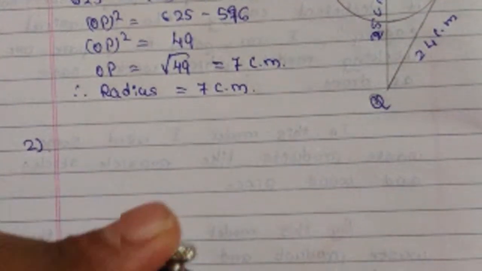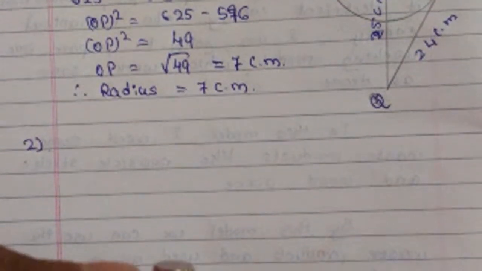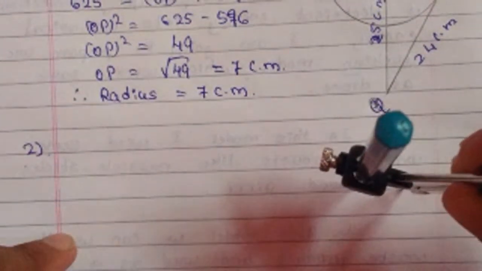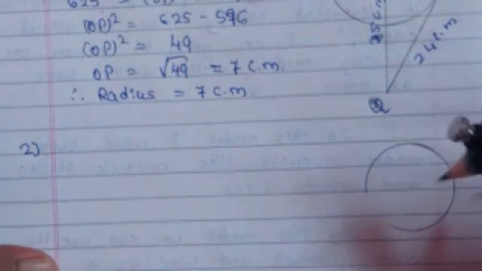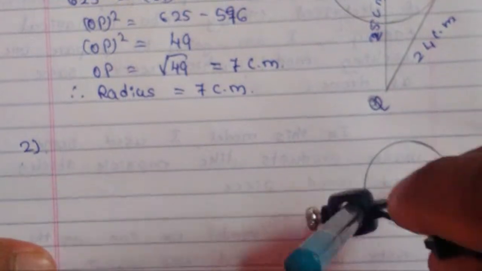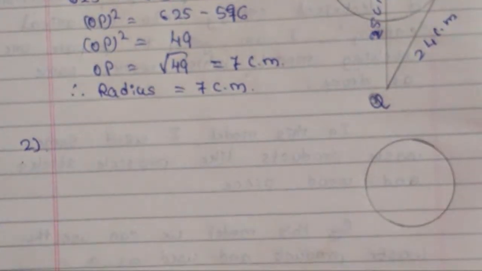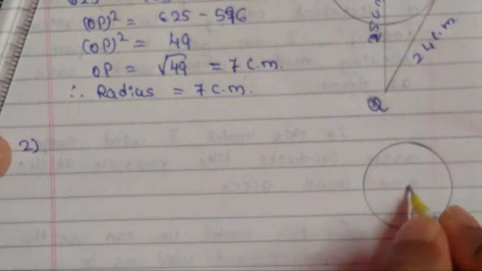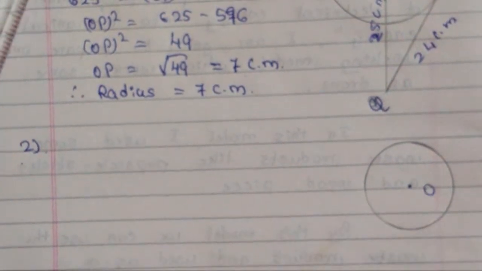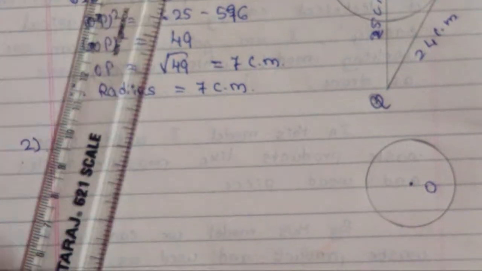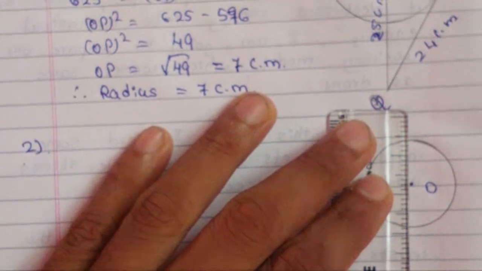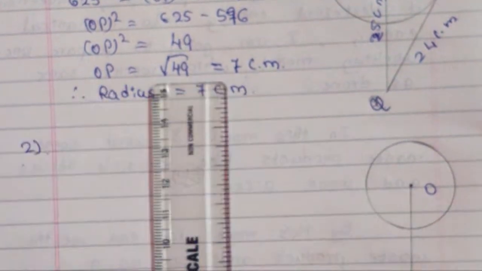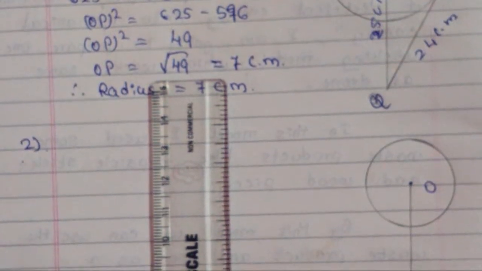How many of you understood the first problem? I'll consider the center point as O. Then I'll take one point which is outside the circle, and we have to call that point A because the name is given.